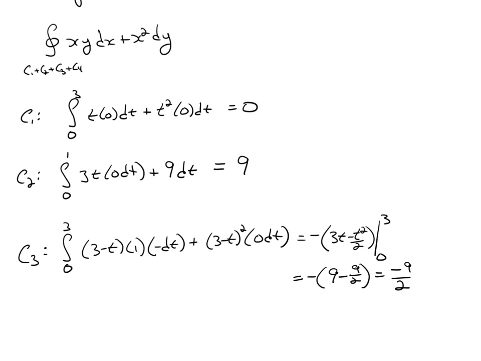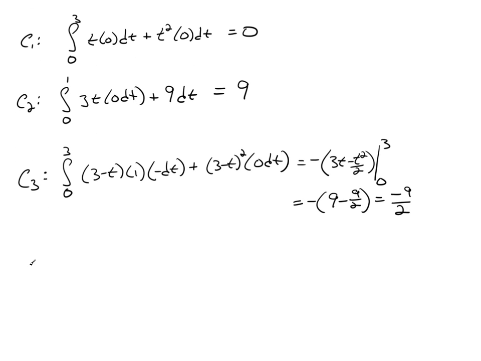And then this last curve, C4, see, x was 0, y was 1 minus t, and dx was 0 dt, so that contributes nothing. And also t went from 0 to 1 here. Plus x squared, which was 0 squared, dy, which is negative dt, not that it's going to matter.